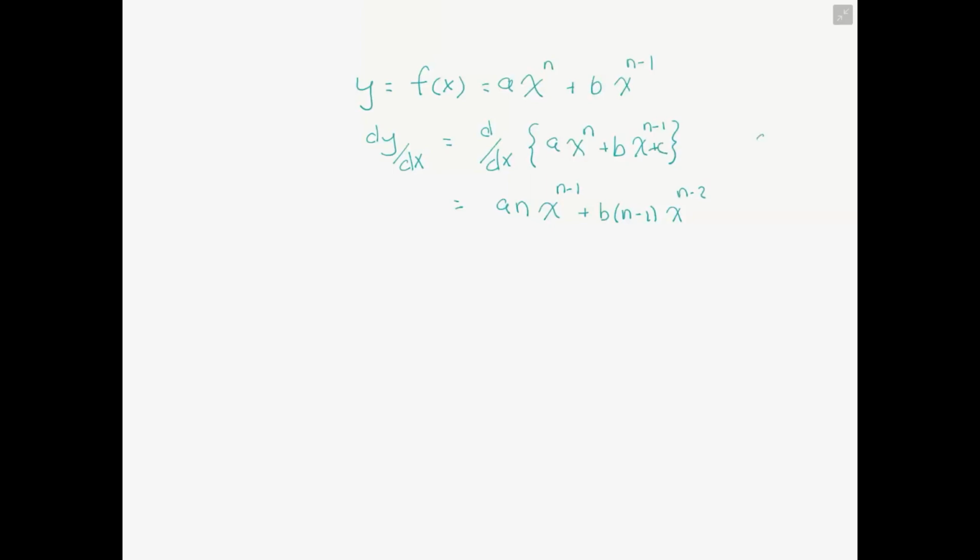I could have added c in there, and d dx of a constant is 0. So this is the power rule.